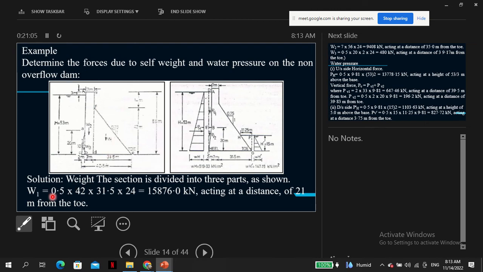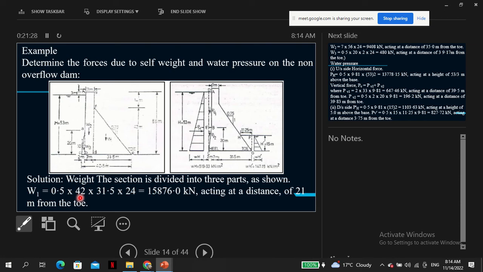So this is a half base, the base. You can see here, 42. Sorry. The base is 31.5. Okay, base is 31.5, correct.